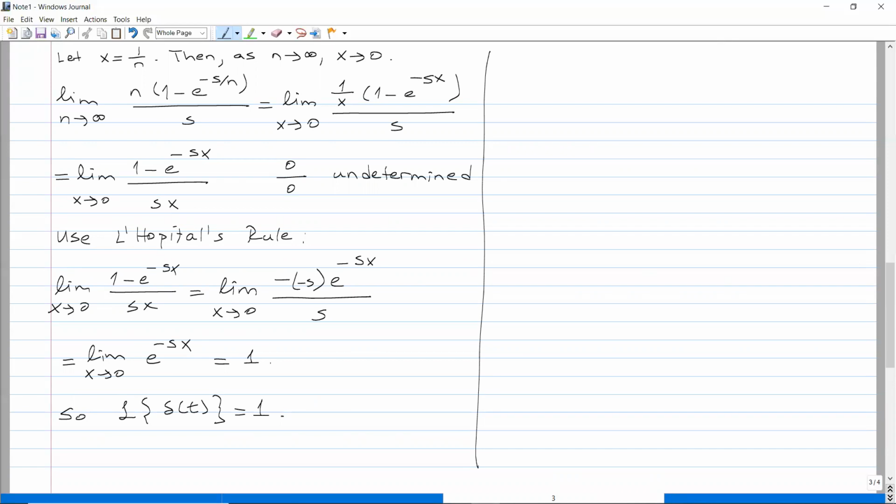It corresponds to giving an impulse force, so only for one moment. This impulse function is 0 everywhere except t equals 0. So consider this as a time, an instant. At the instant t equals 0, we give an impulse to a physical system. So that's why it's called the impulse function.